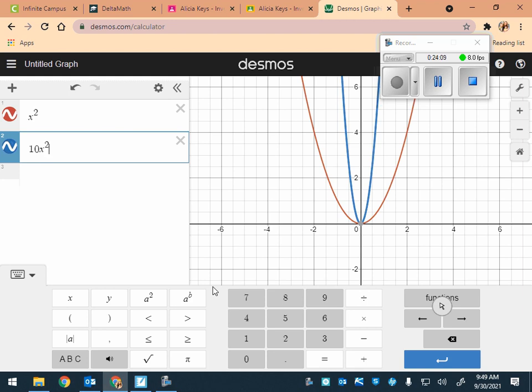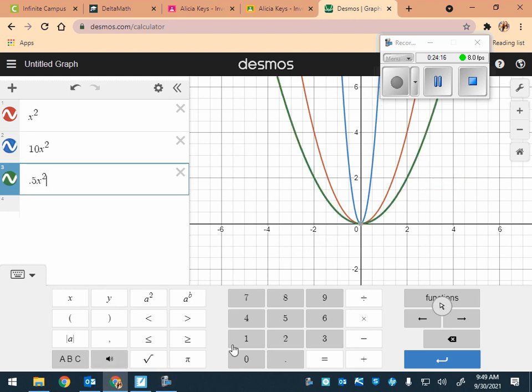0.5. Okay. So if I did 0.5 x squared, what do you notice? How many of you did a fraction of some sort? 1/2, 1/3, 3/4. Okay. What did we notice? Yeah, Catherine. It got wider. Excellent.